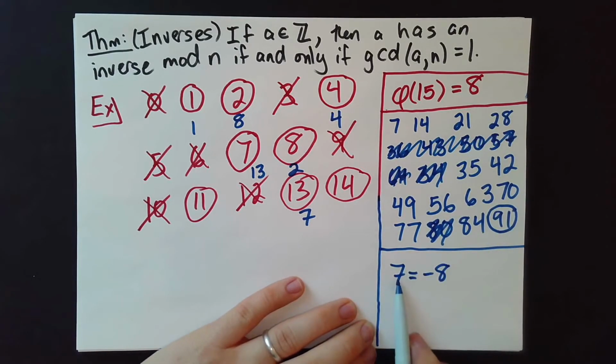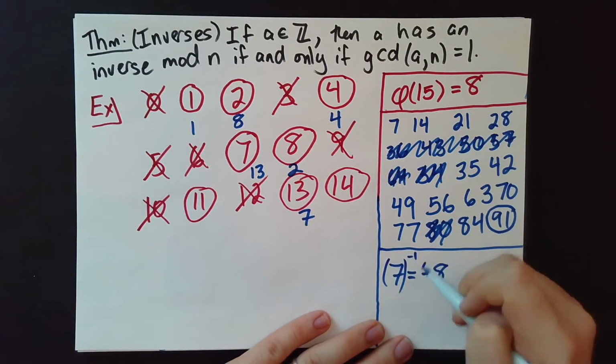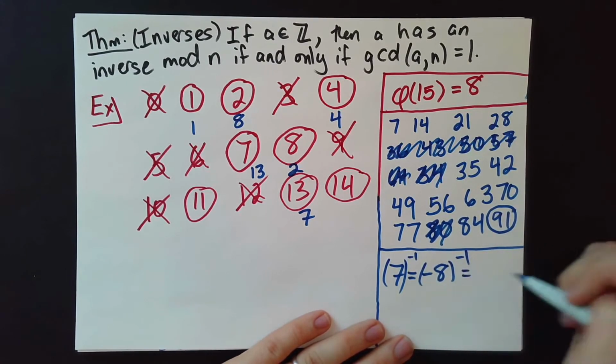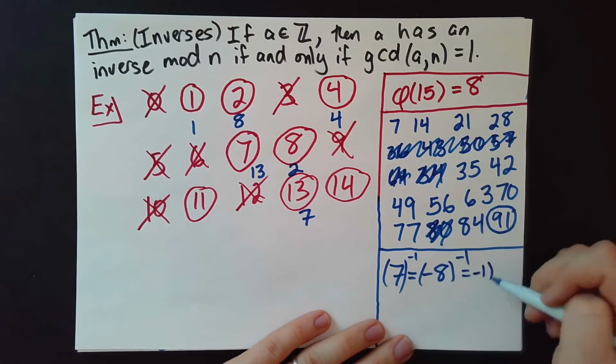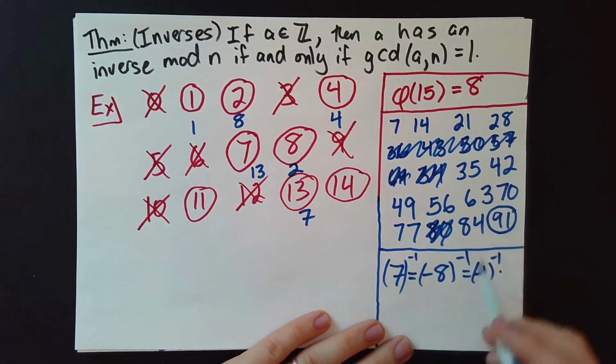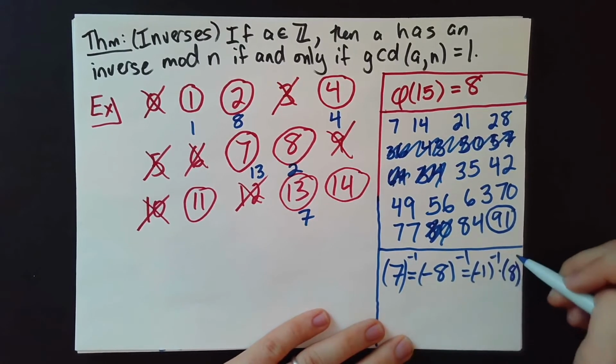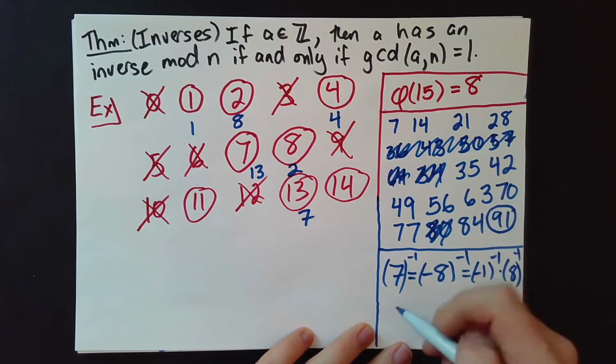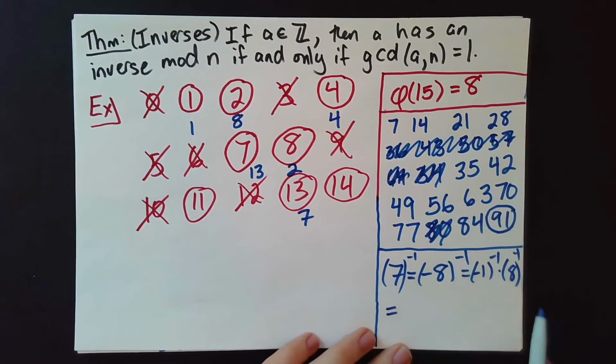Because 7 plus 8 is 15. And so what that means is 7 inverse is the same as minus 8 inverse, which is going to be minus 1 inverse times 8 inverse. And I'm just writing this out slowly so you can see everything that's happening here.